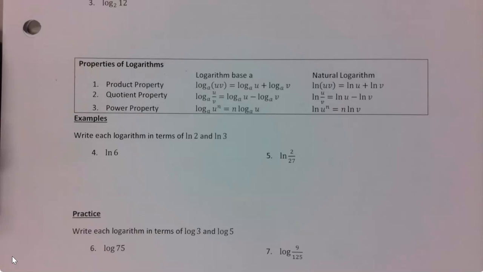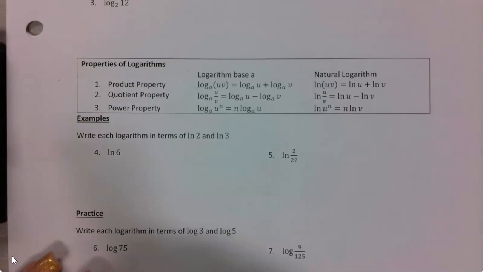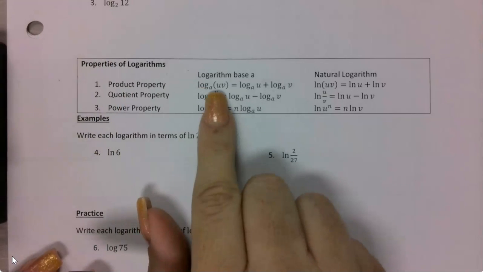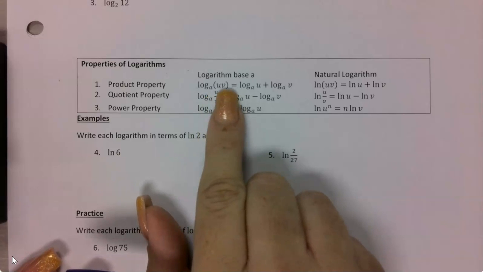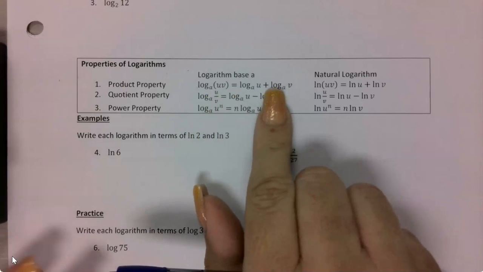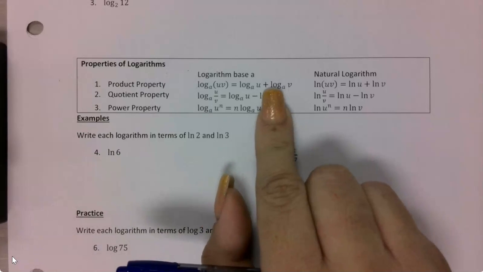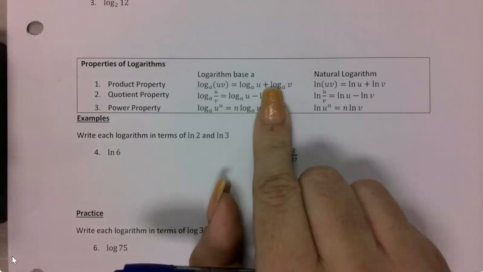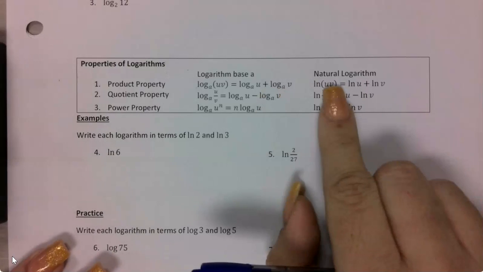Okay, so the next thing we're going to talk about is properties of logarithms. There is the product property. So if I have a log base and I have two things multiplied together, I can split it up with addition, because remember with exponents, when I have two of the same base being multiplied together, I add my exponents. The same thing works for natural logarithms.